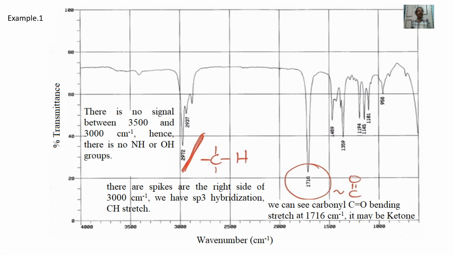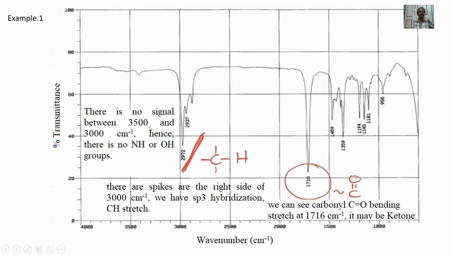We'll find out the example one, and we'll find out what the molecule is about. Here there is no signal. The y-axis is percentage of transmittance against wave number, and there is no signal between the region 3500 and 3000. So there will be no N-H or O-H groups.